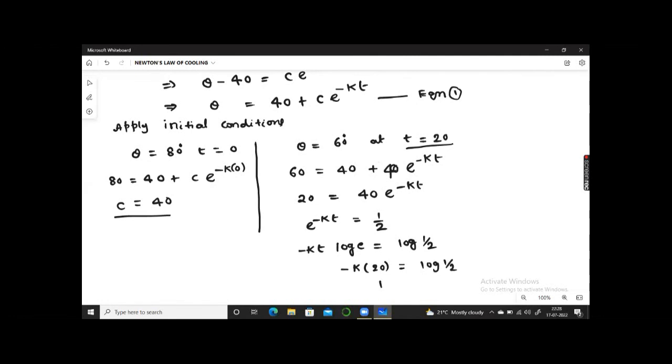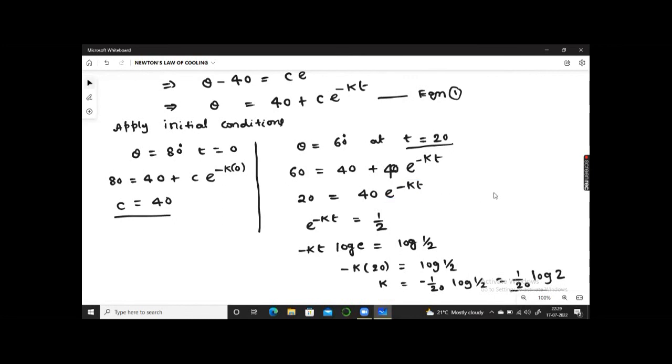So my k is equal to minus 1 by 20 log 1 by 2. You can write 1 by 2 as 2 to the power minus 1, minus into minus gives plus. So k is 1 by 20 into log 2. This is the k value.